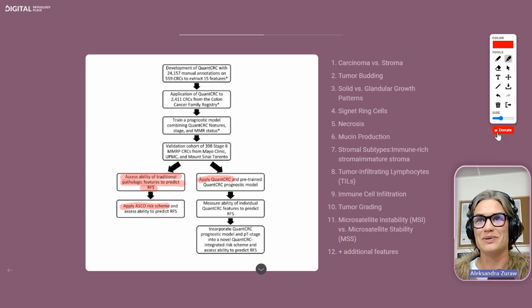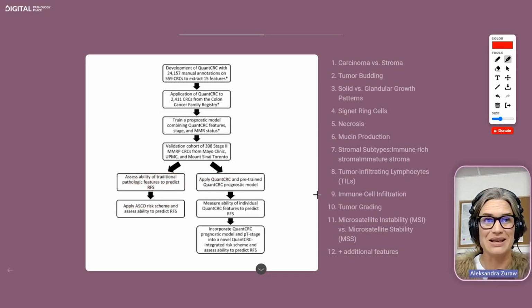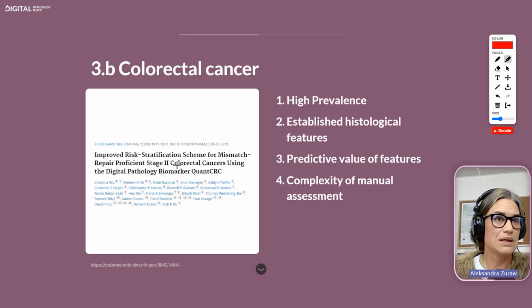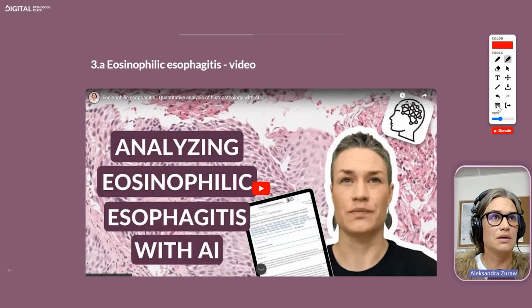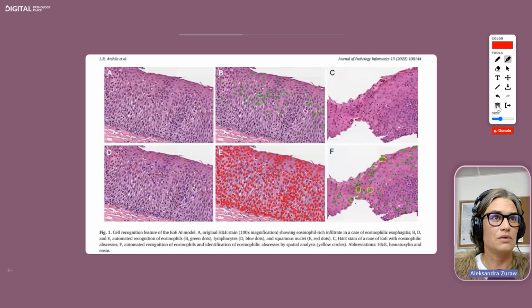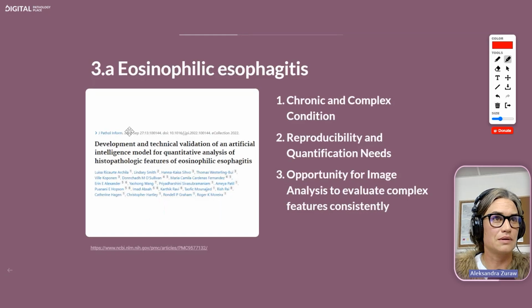I thought this was a super cool way of incorporating genomic data into image analysis. So that's what they did for colorectal cancer. And this publication was actually from 2022. The previous one happened earlier.